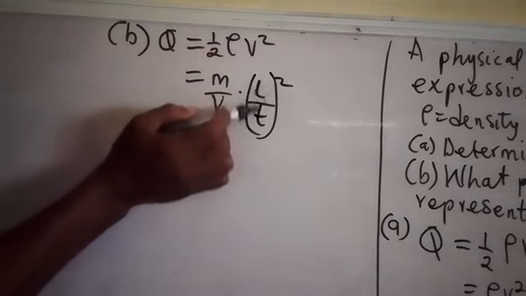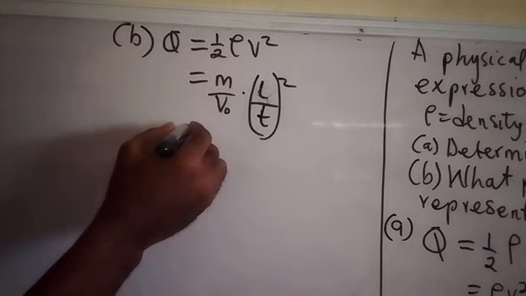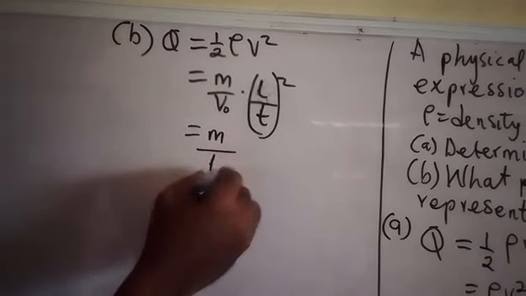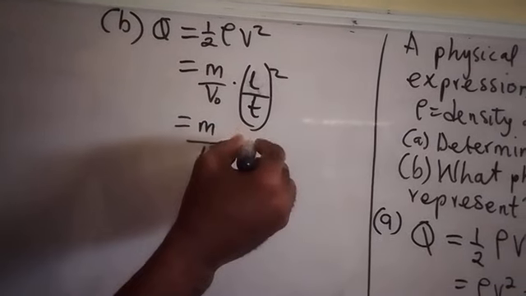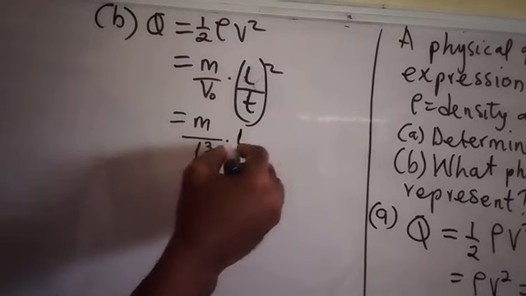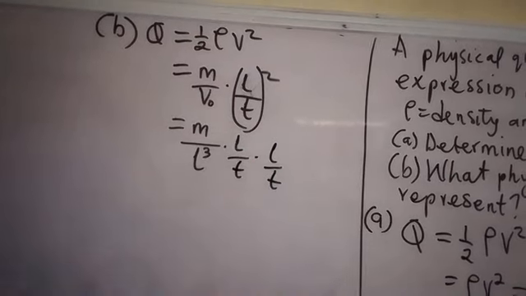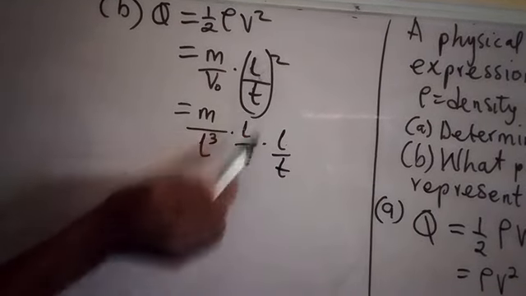Velocity is distance over time. I square this. Mass over volume, volume is L cube, times length over time times length over time. L squared, L twice, I have them. T twice, I have them.